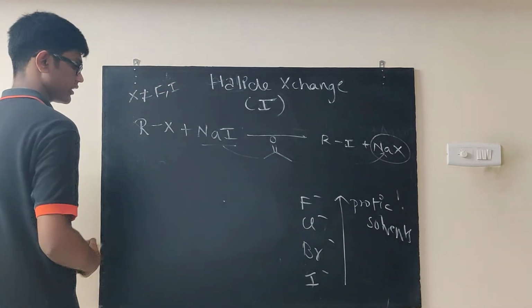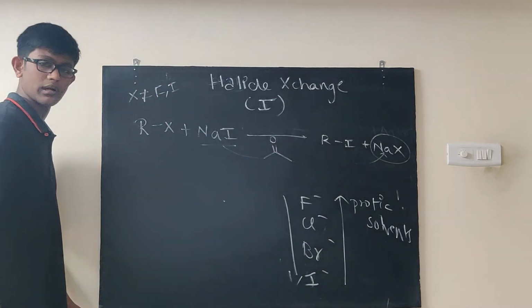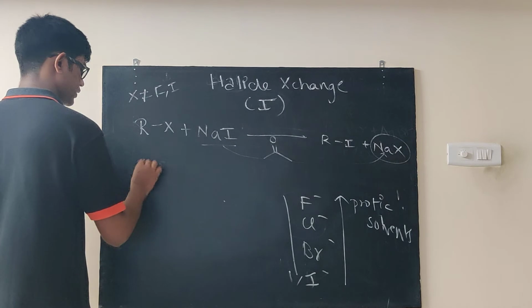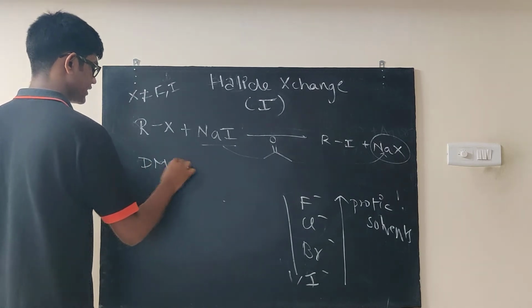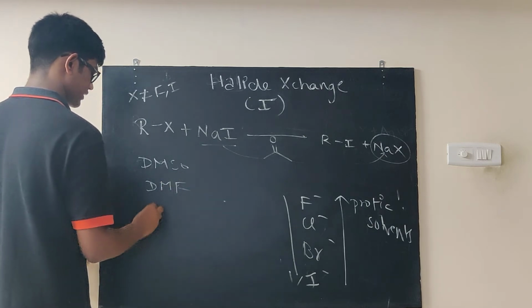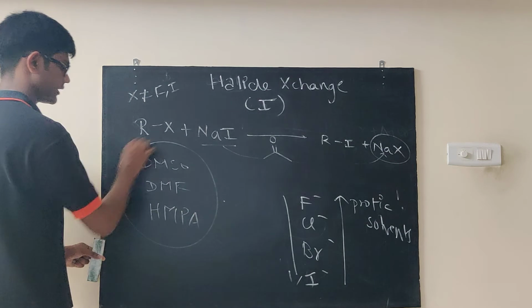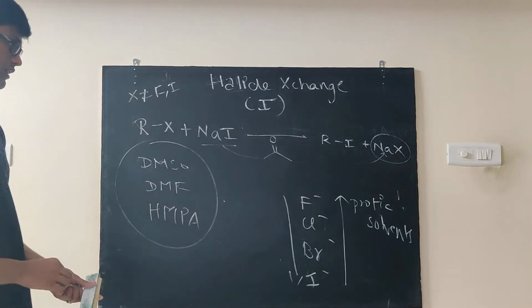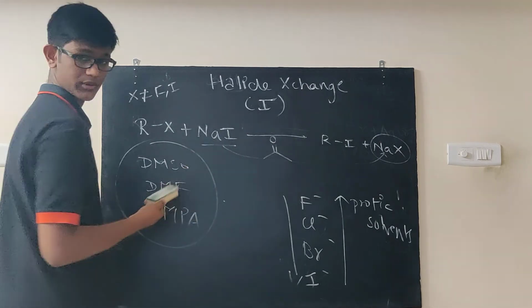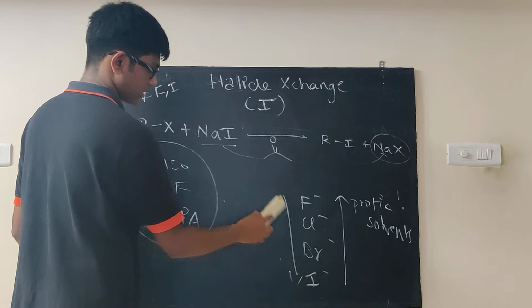In an aprotic solvent, it's actually the opposite. Aprotic solvent means any solvent which does not have an acidic hydrogen, an example of which is acetone. You also have DMSO, dimethyl sulfoxide, DMF, dimethyl formamide, and HMPA, hexamethylphosphoramide. All these guys are aprotic solvents, and these are actually very strong aprotic solvents. But even acetone is an aprotic solvent, and in aprotic solvents, the nucleophile strength reverses order.